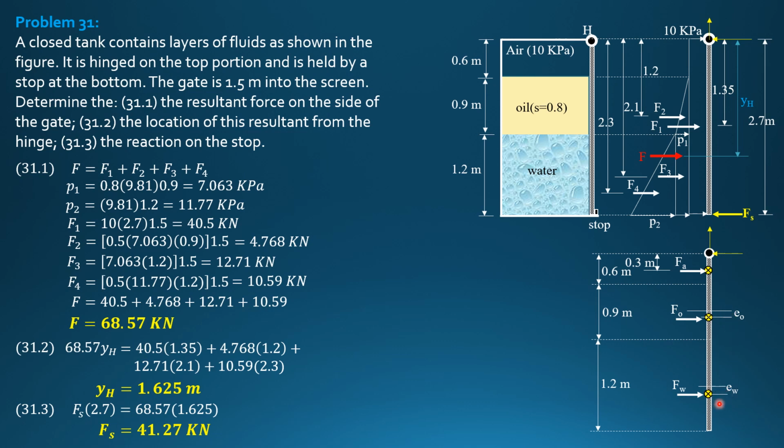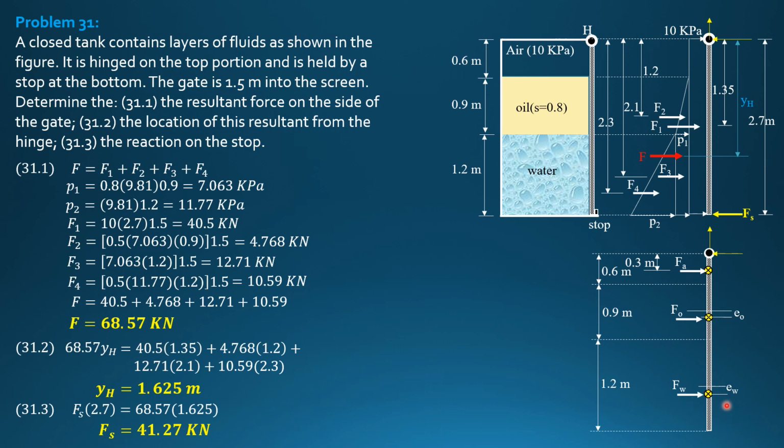Remember, there is E. Then for air, because the pressure in the airspace is uniform, there's no E. It acts at the centroid of the area in contact. So if the height is 0.6, then its distance from the top is 0.3. The distance of FO from the top is 0.6 plus 0.45, half of 0.9, the centroid, plus EO.